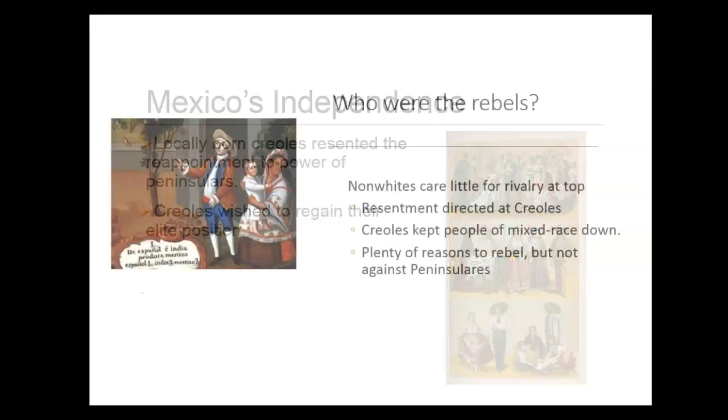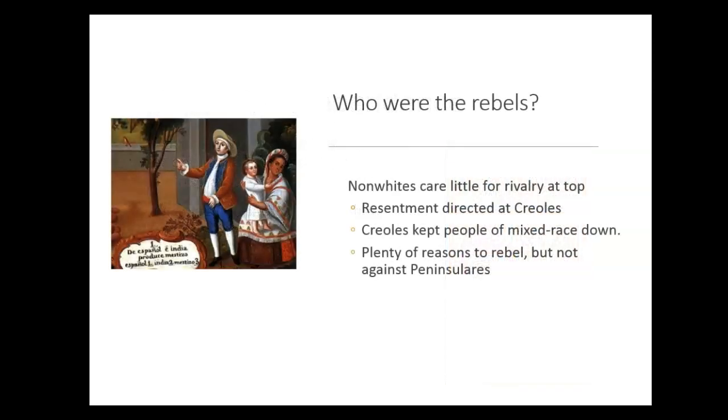They needed to mobilize the support of the mestizo and the indigenous population. But Creoles had little interest in changing the social hierarchy that they dominated. Few Creole patriot leaders wanted actual equality.